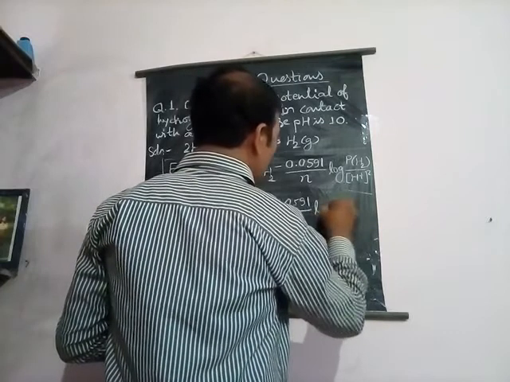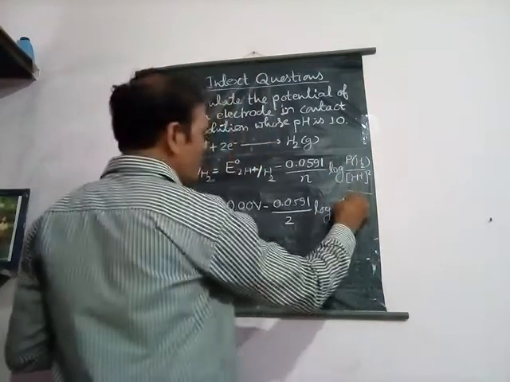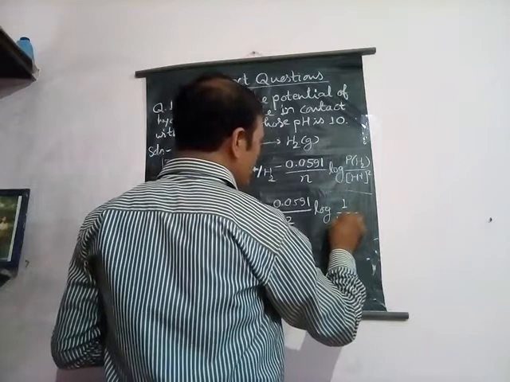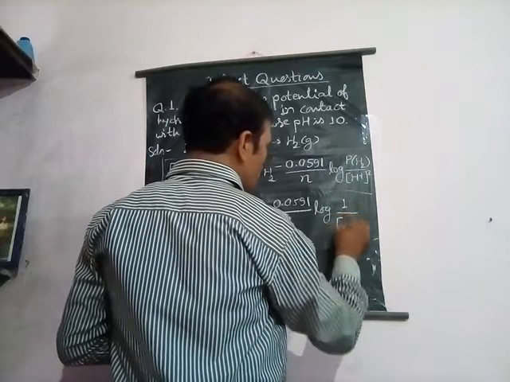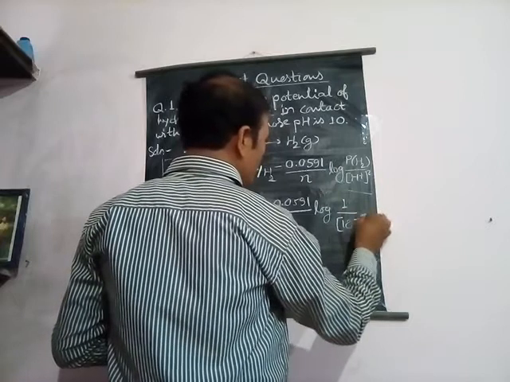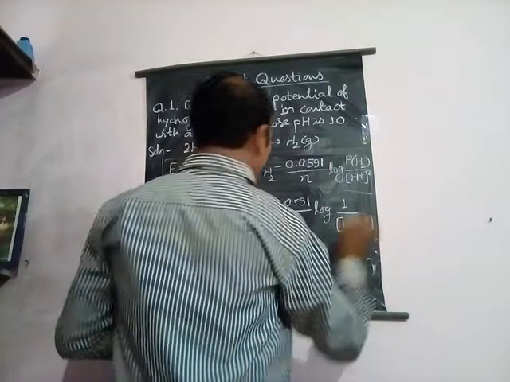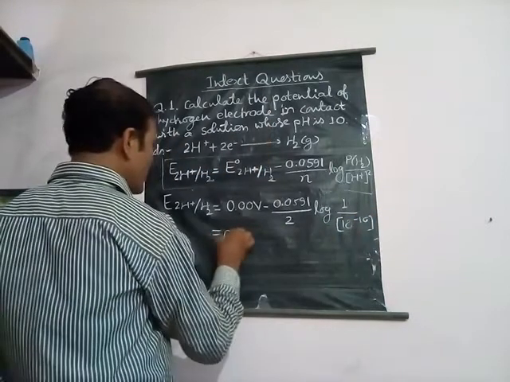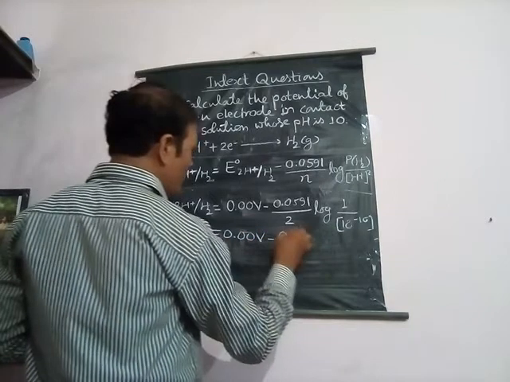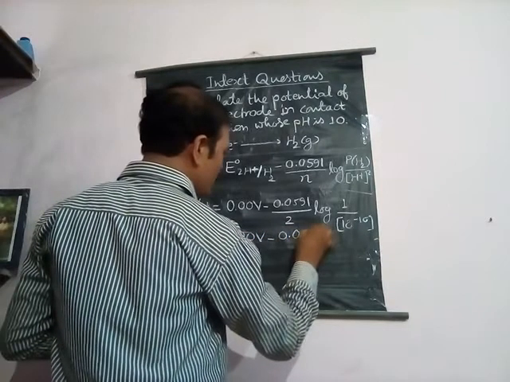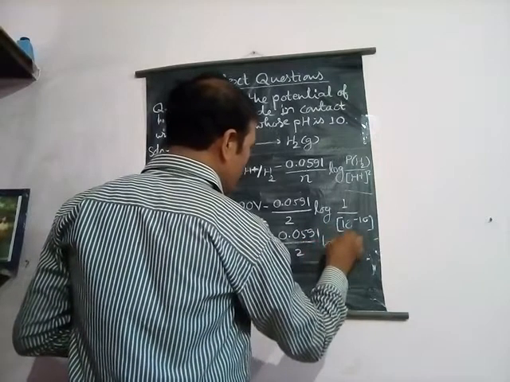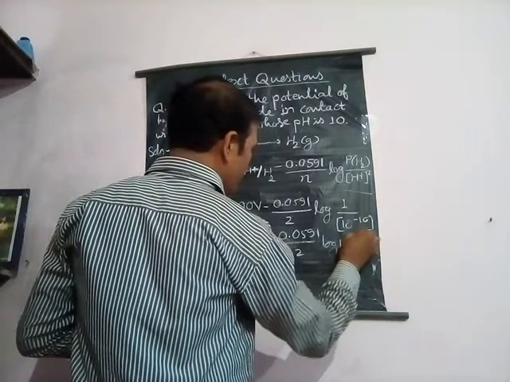Since the pressure of hydrogen gas is 1 bar, I am taking 1, and the value of H positive ion is 10 to the power minus 10. If you solve this, you will get 0.00 volt minus 0.0591 divided by 2 log 10 to the power 10.